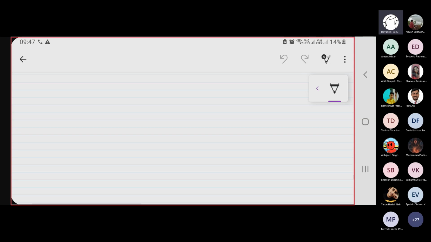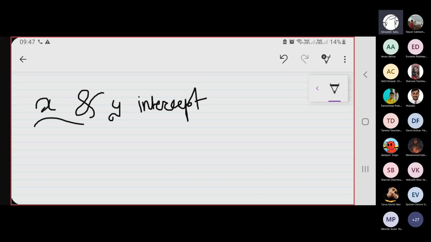Now x and y intercept. What is this x and y intercept? I'll tell you.